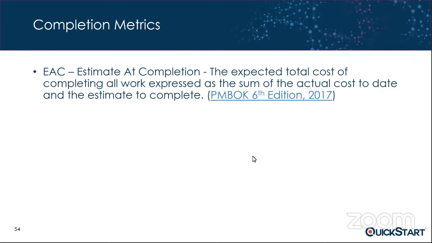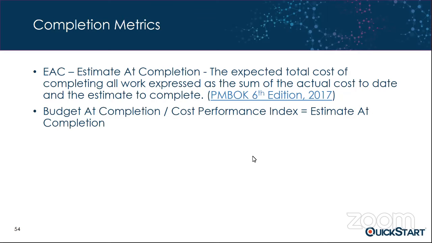And then the next metric is estimate at completion. This one is the expected total cost of completing all the work, expressed as the sum of actual cost to date and the estimate to complete. There's a formula that comes with this one as well.